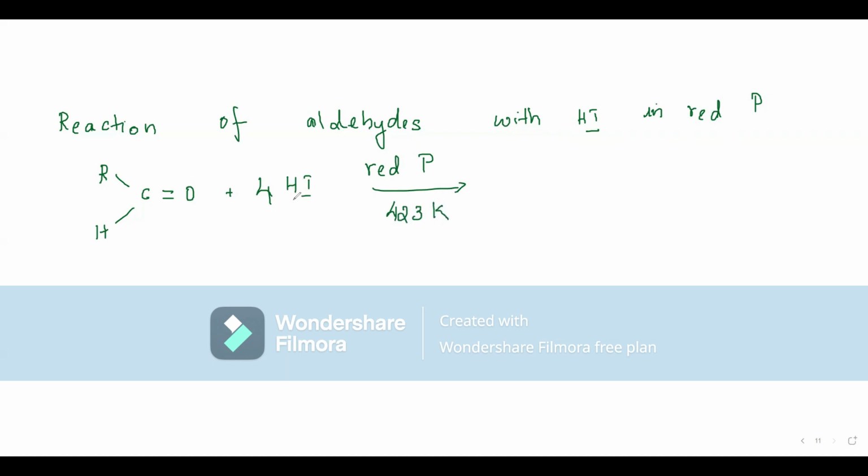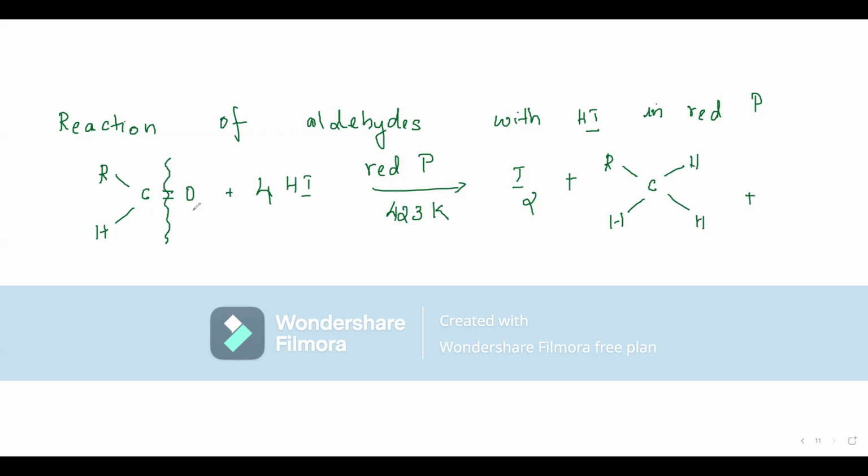Then HI loses hydrogen to give you I2. Those hydrogens are added across the double bond, meaning you will get R, C, H, break this, and you add two hydrogens on that position.